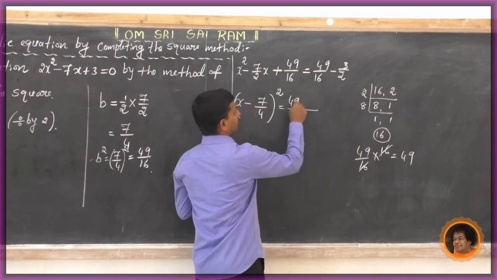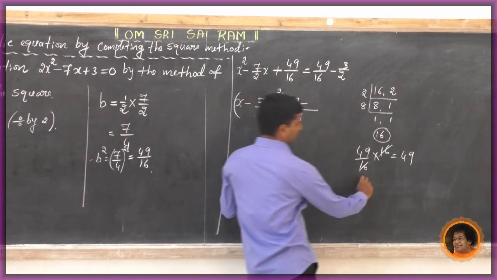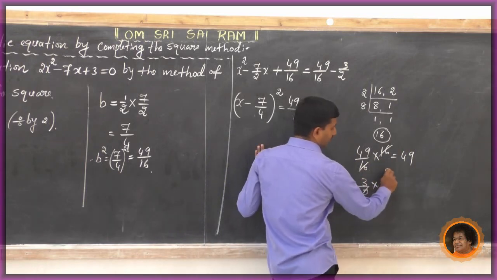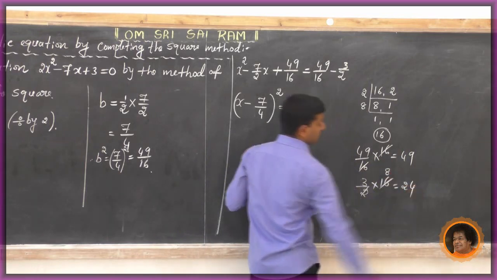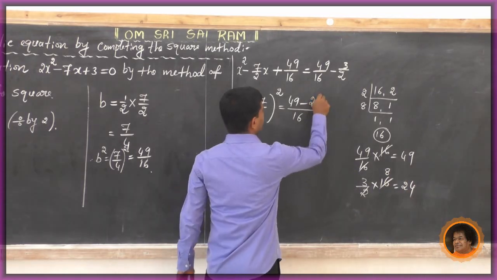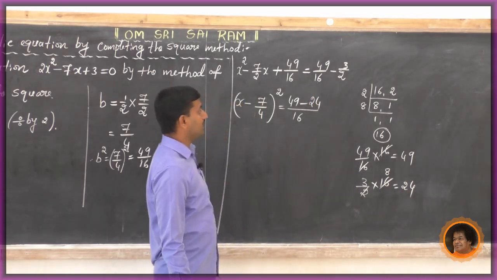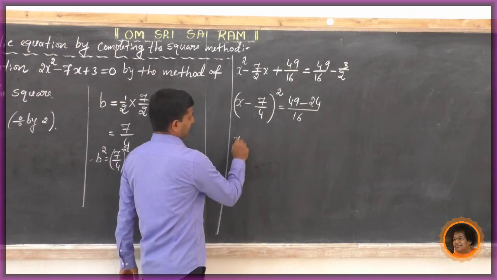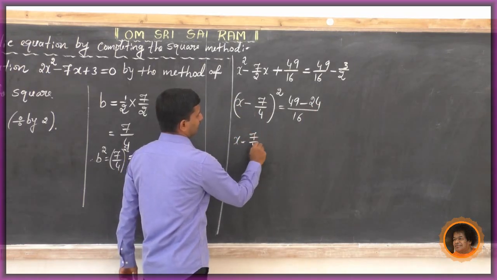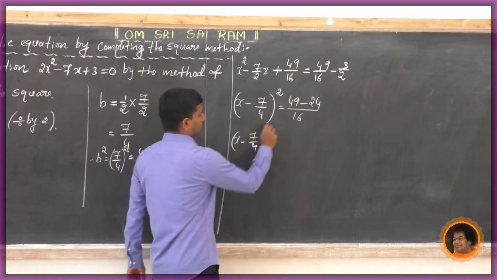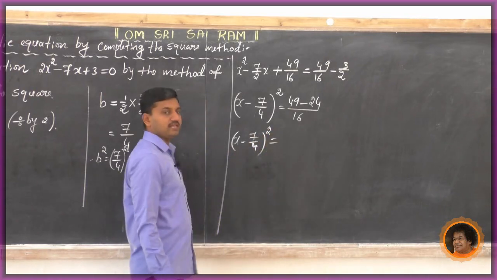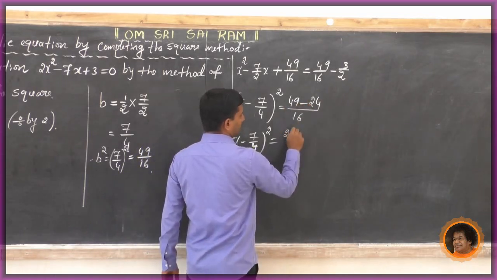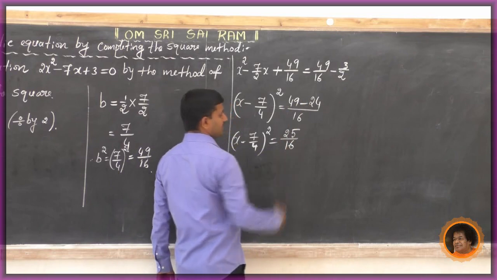Here 49 minus 3 by 2 into 16, 2 8s are 16, 8 3s are 24. So here the numerator is 24. So 49 minus 24 divided by 16. Next, (x minus 7 by 4) whole square equal to 49 minus 24, 49 minus 24 equal to 25 divided by 16.